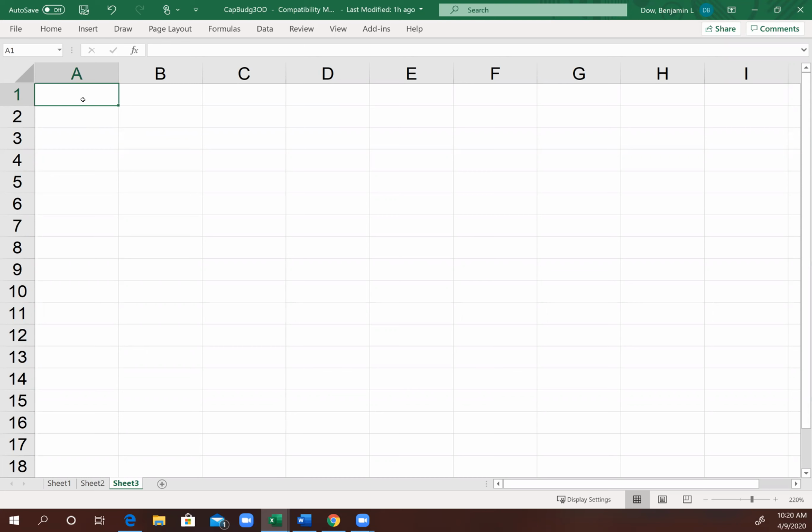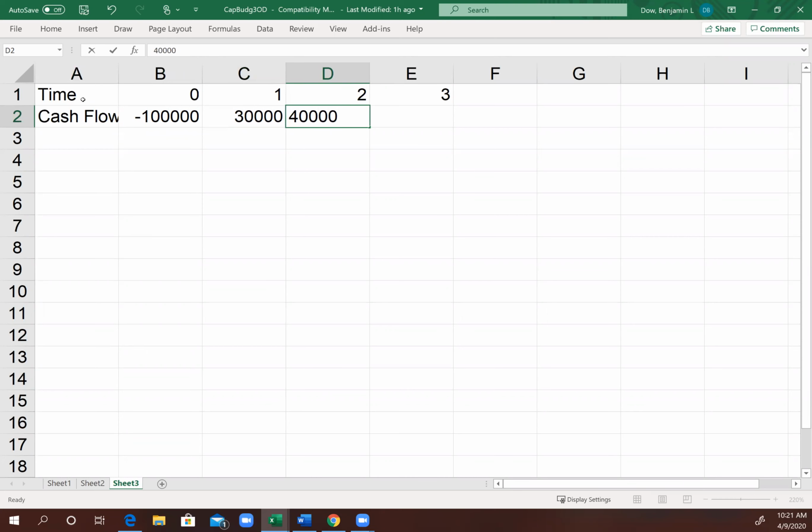Okay. We'll go ahead and put time up here: 0, 1, 2, 3. Here's my cash flows. Negative 100,000, 30,000, 40,000, and 50,000.